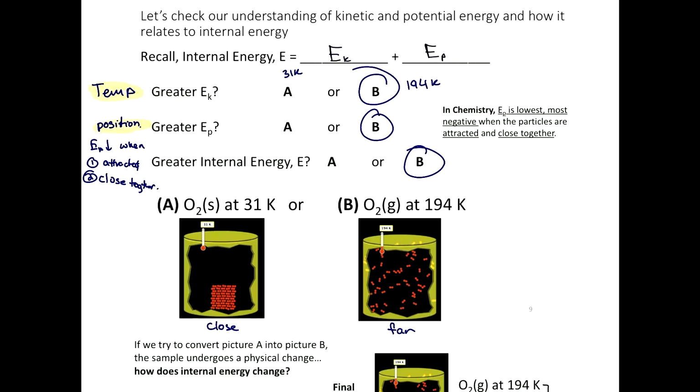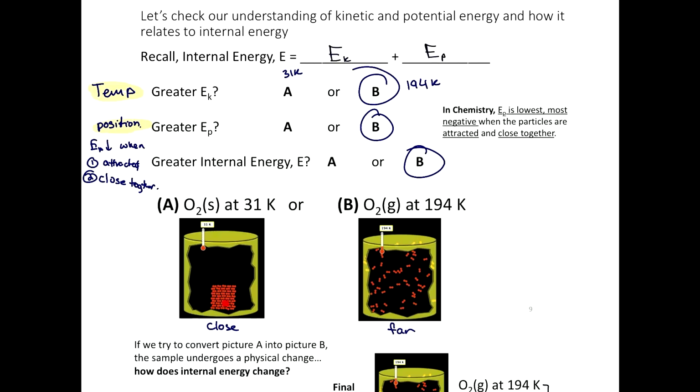I mentioned to you prior that you should write in your diary tonight before you go to bed: when talking about potential energy of samples, potential energy is lowest or most negative when your particles are attracted and close together. When we look at these two samples, in sample A the particles are close together, but in sample B they're far apart.